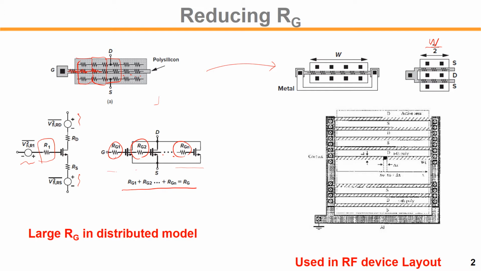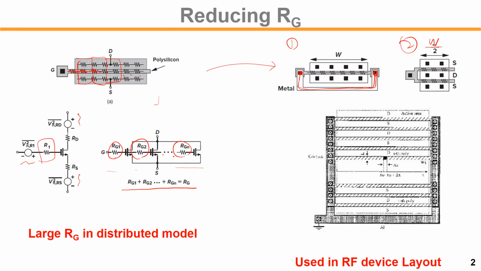To avoid that, we have two ways. One is to use a metal connection on both edges of the poly, reducing the distributed resistor value. The other is to split into two devices and make a parallel resistor connection.